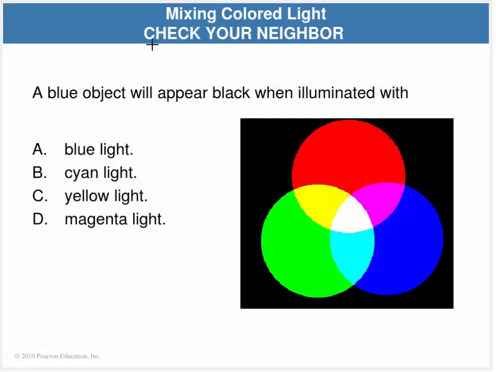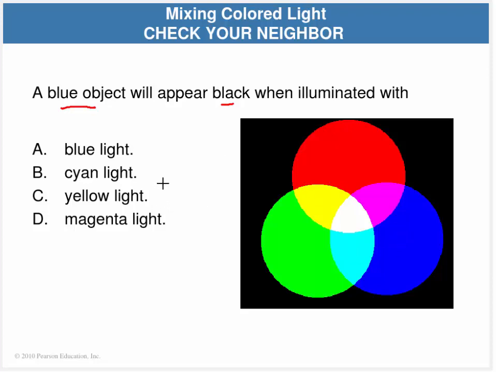So let's come back and ask ourselves the question, if we had a blue object, when's it going to appear black? This is like when that ball that was red appeared black when I shined some green light on it. Here I have my object, and this object is going to be blue.